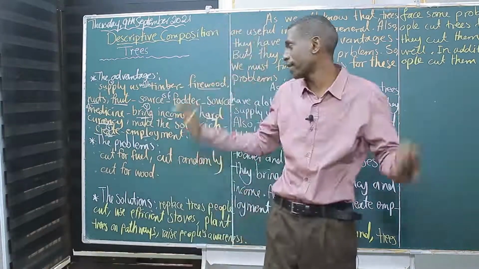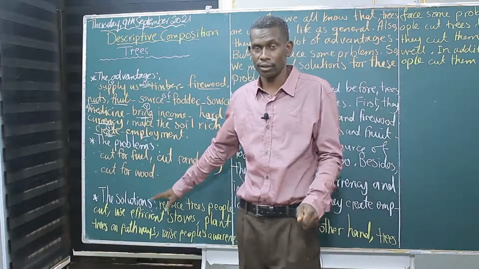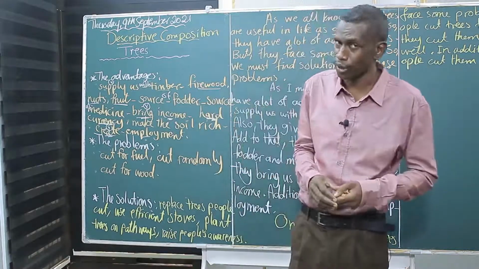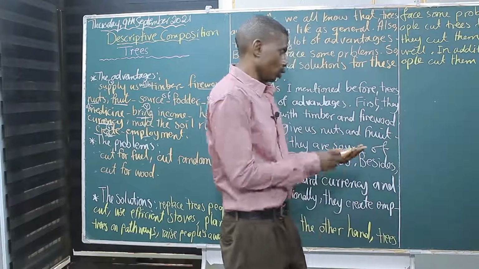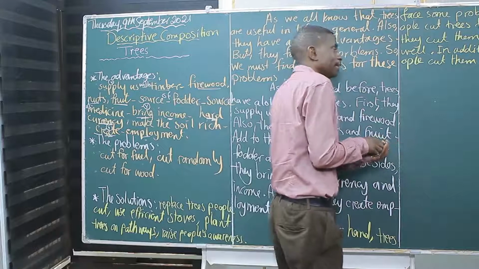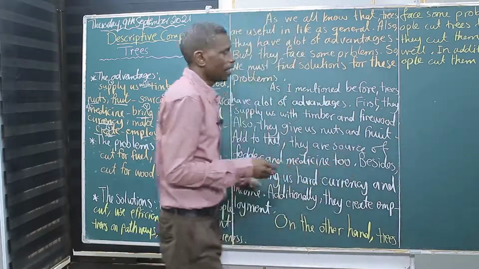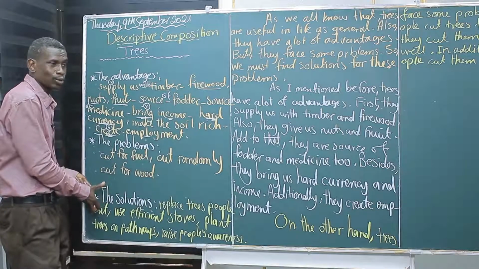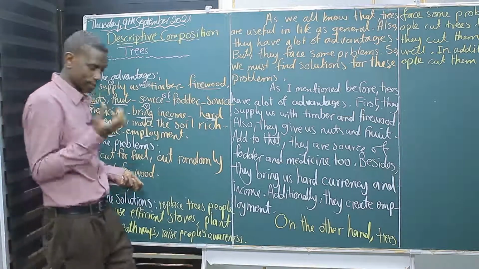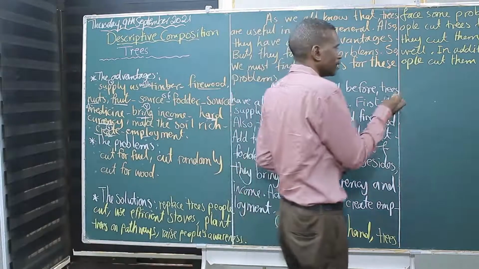We're going to write a paragraph to suggest some solutions for the problem that trees face. So in the end, if I want to suggest some solutions, you can say, I suggest.